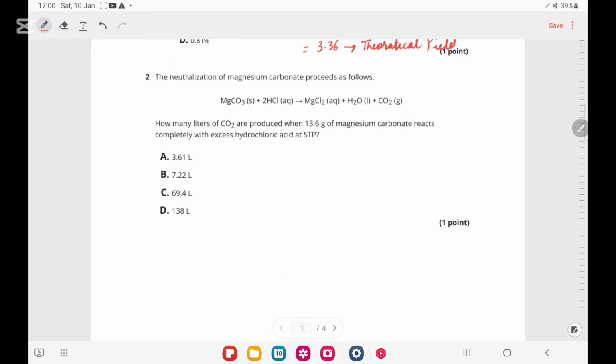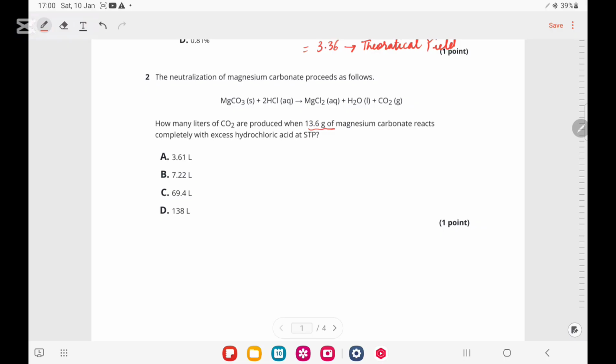For this question, they are saying the neutralization of magnesium carbonate proceeds as follows. How many liters of carbon dioxide are produced when 13.6 gram of magnesium carbonate reacts completely with excess HCl at standard temperature and pressure?